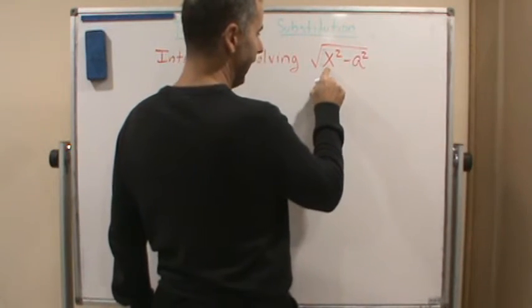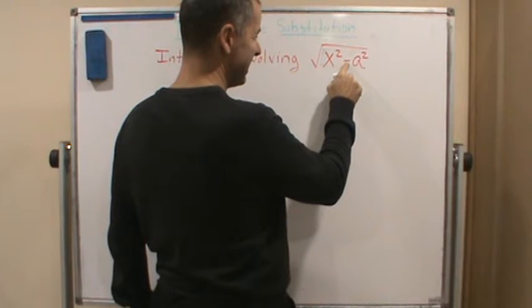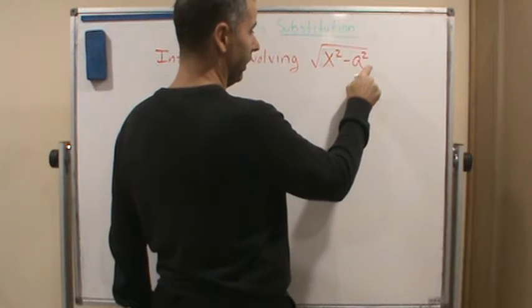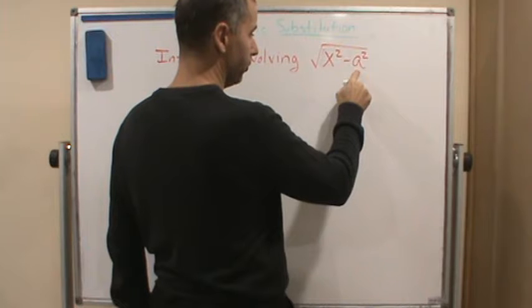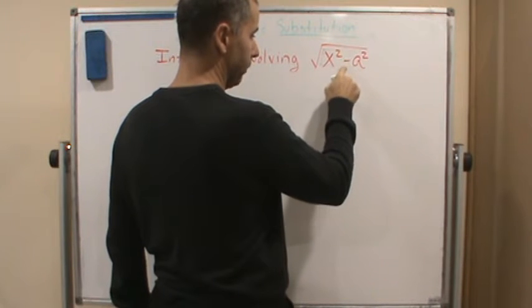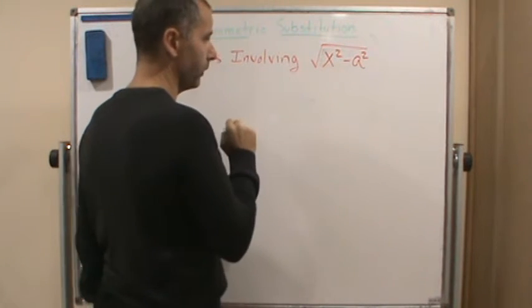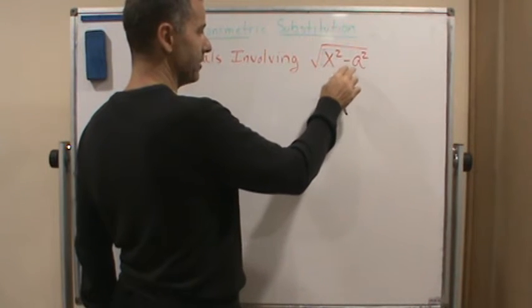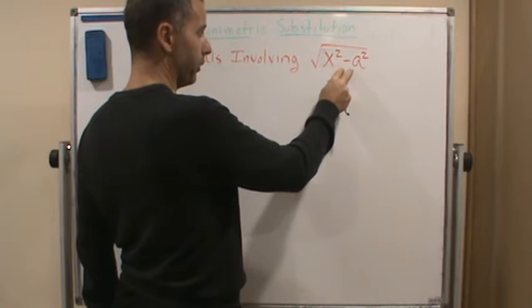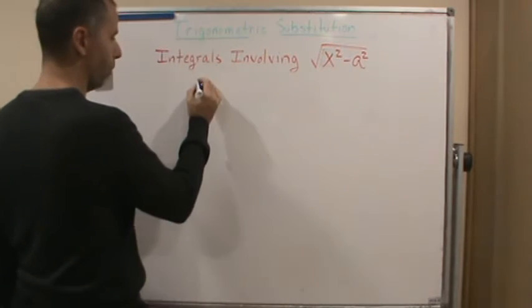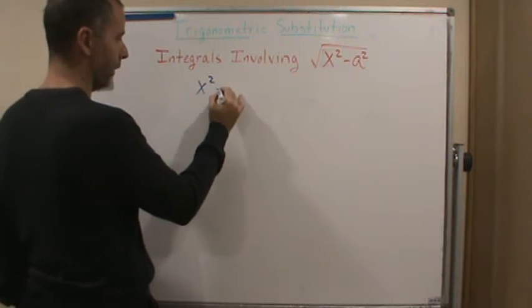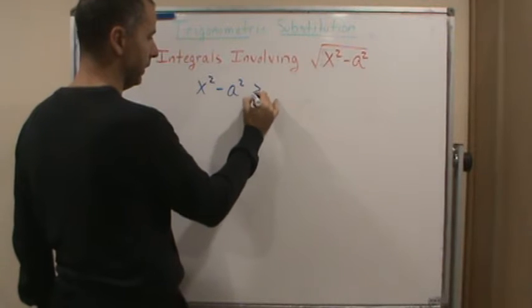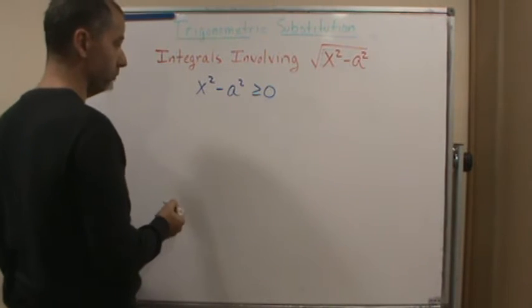So the domain of x: this is negative, some constant value of a squared, but it's negative, right? We're subtracting that amount. So the domain is everywhere this is greater than or equal to 0. So we want x squared minus a squared to be greater than or equal to 0.